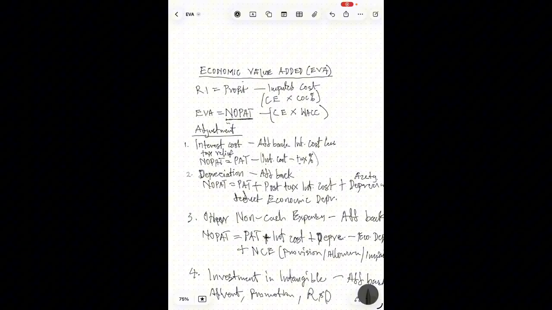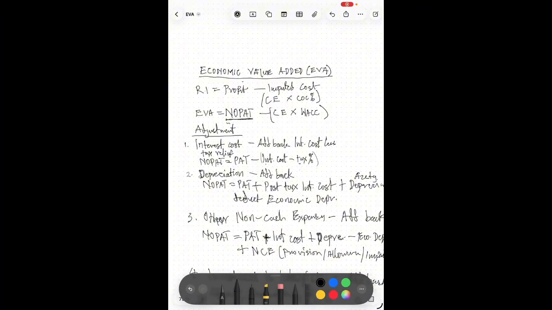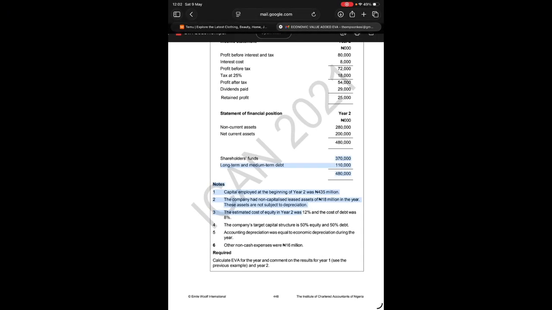Let me use a different pen color. So the next thing is capital employed. So we have this question before us.